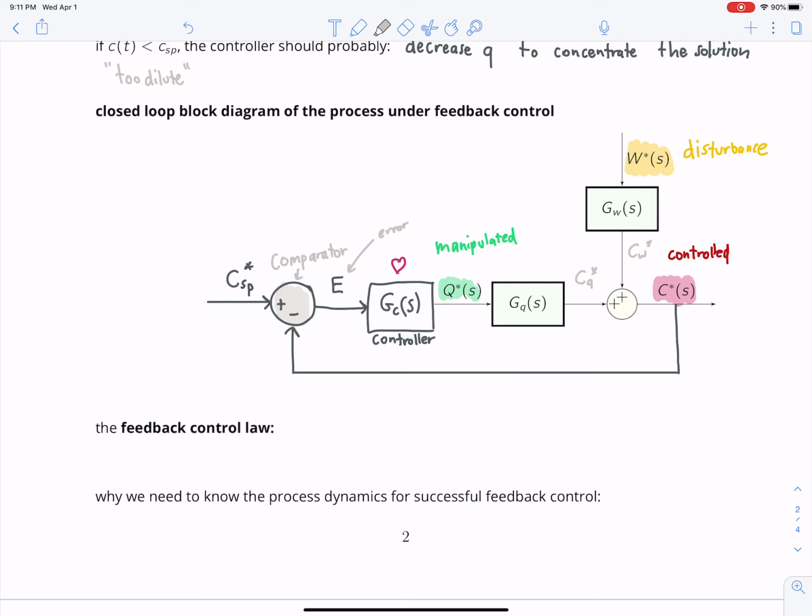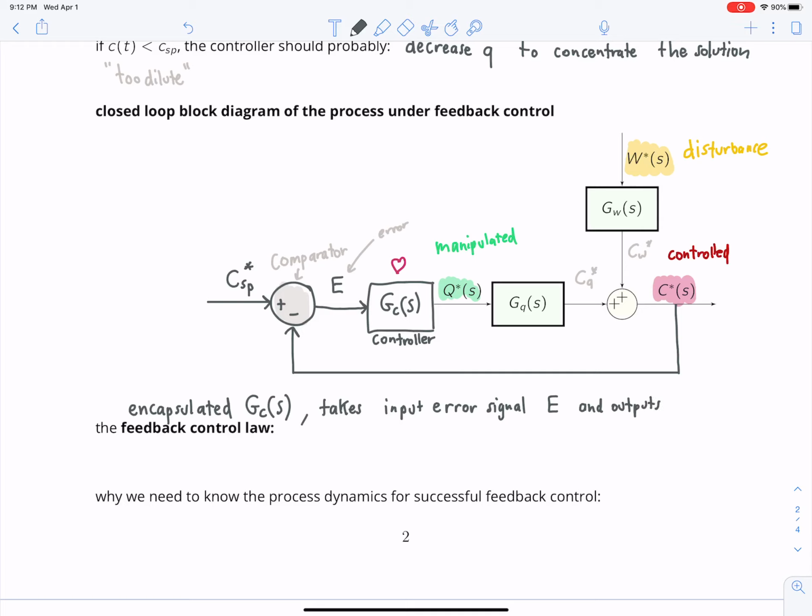So, what does the feedback control law do? Remember, it takes as input the E. So first of all, it's encapsulated in this controller transfer function G_C of s. So what it does is it takes as input E, which is the error signal, and it outputs the manipulated variable.